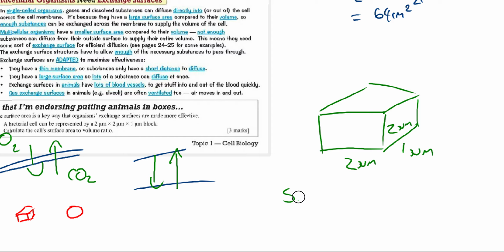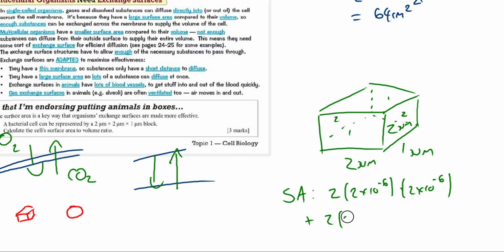If you want to find the surface area, which is the harder calculation, you are going to calculate the different areas. First you've got a 2 by 2, so it's 2 times 10 to the minus 6 times 2 times 10 to the minus 6. Then we add surface 2, which is the sides: 2 times 10 to the minus 6 times 1 times 10 to the minus 6.